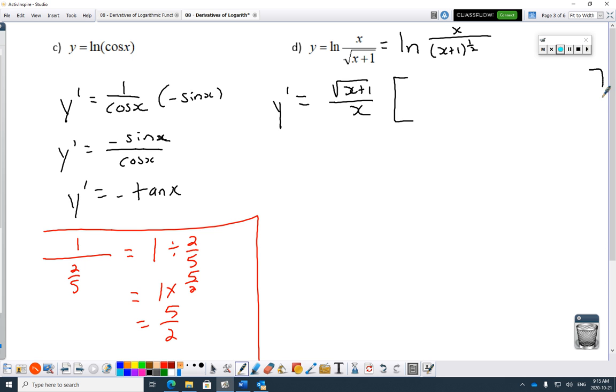So a little practice on those tough derivatives in there. A quotient rule with a 1/2 power in the denominator. Here I go. Bottom times the derivative of the top, minus the derivative of the bottom times the top, all over the bottom squared.